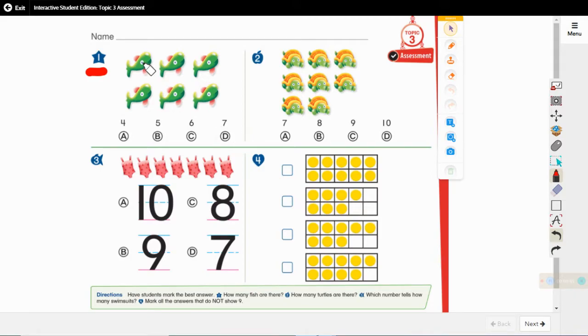So let's count them. 1, 2, 3, 4, 5, 6. Now, you see where our number 6 is? What you need to do is color in the circle right below 6. Don't circle the number, but color in that circle.